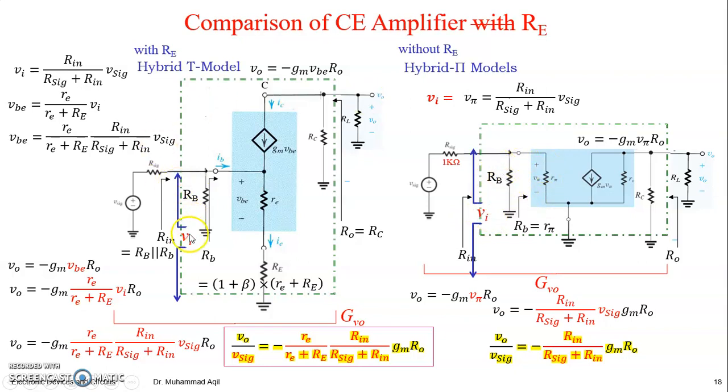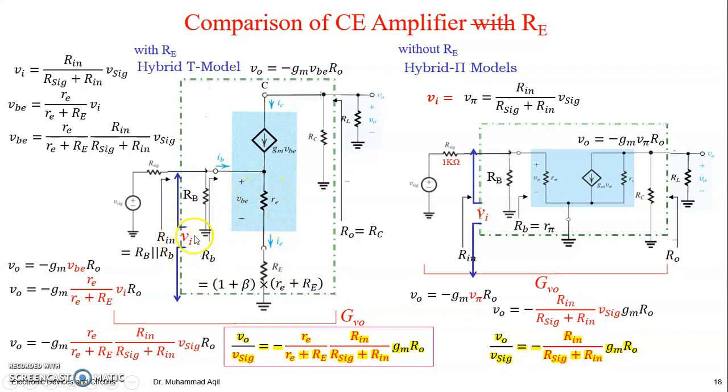But here Vi is the same for Rb and for (1 + beta) times Re plus Re. It means this Vi is developing across the series combination of these resistances. Just for the sake of argument, 1 + beta can be multiplied with both of these, so they are still in series. So how much voltage appears here is not Vi, it's a part of Vi.